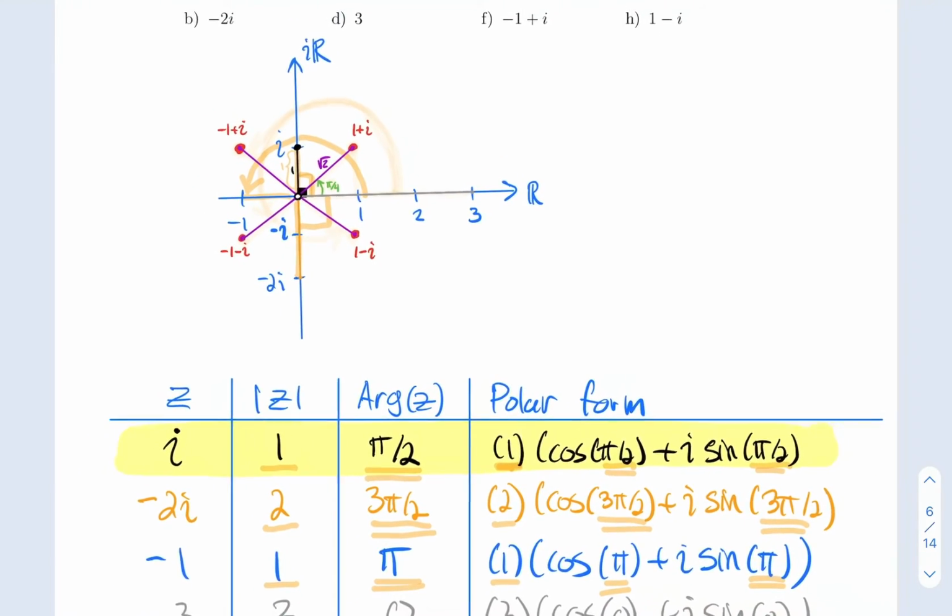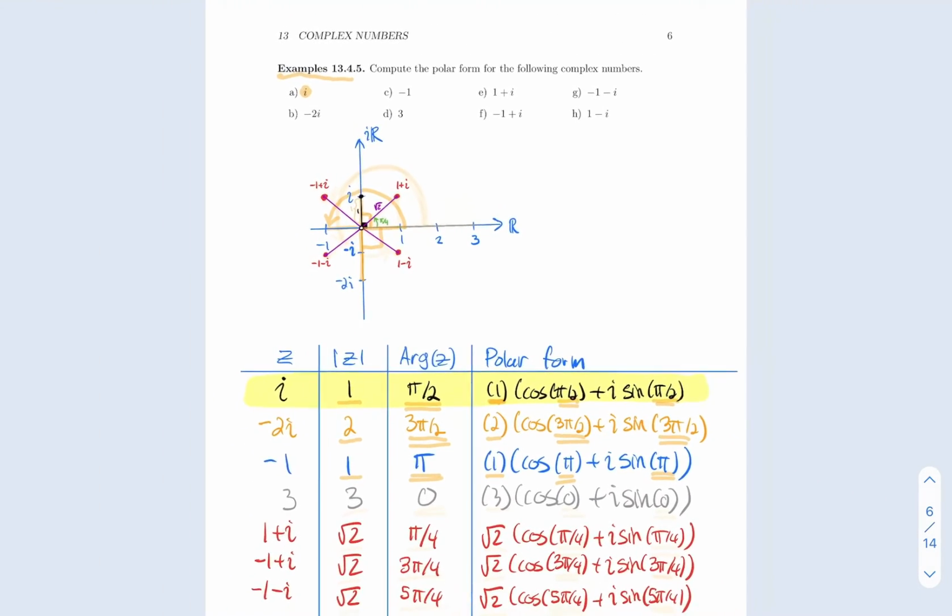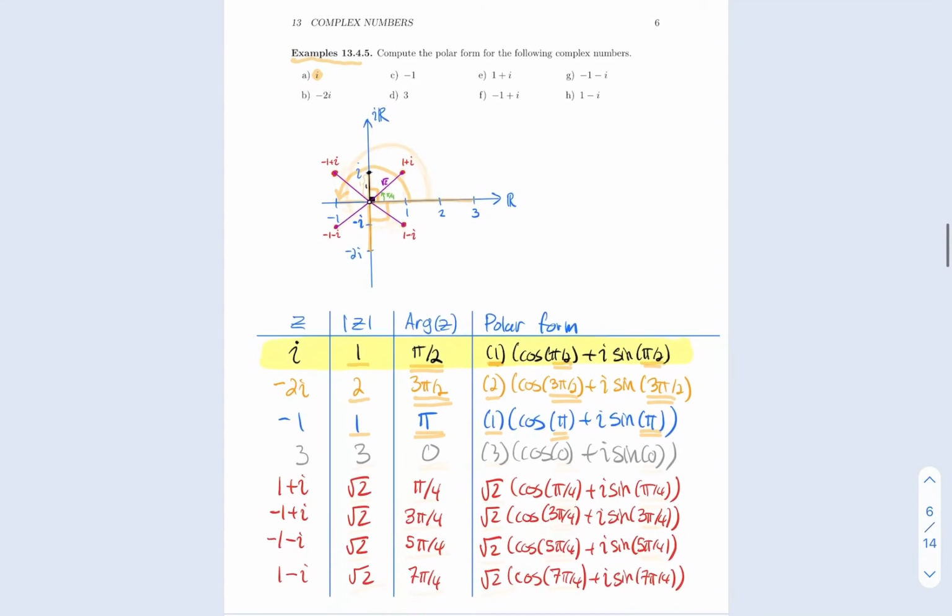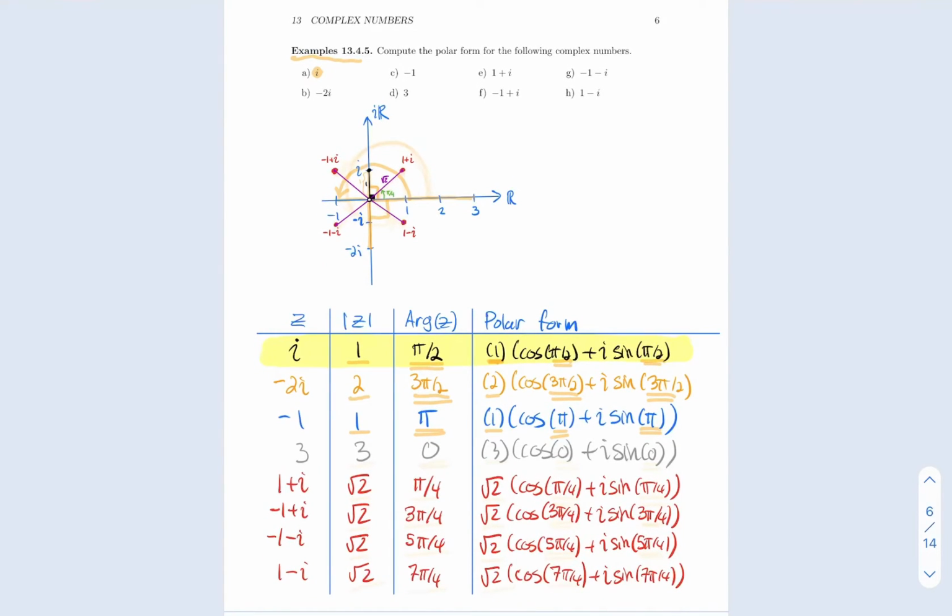What about 3? Well, we know 3 is 3 units away from the origin, and because 3 is a strictly positive number, the argument is 0. So the polar form for 3: absolute value is 3, argument is 0. It's a bit creepy, but this is the answer for 3. It's 3 open bracket cos of 0 plus i sine of 0.